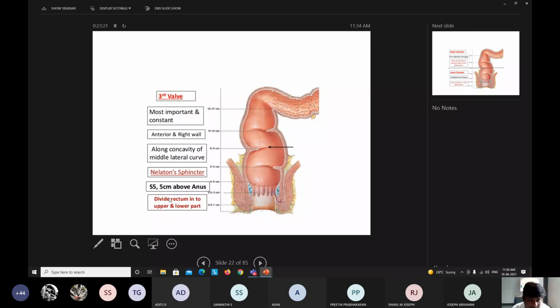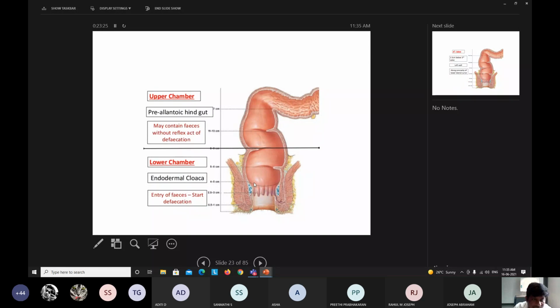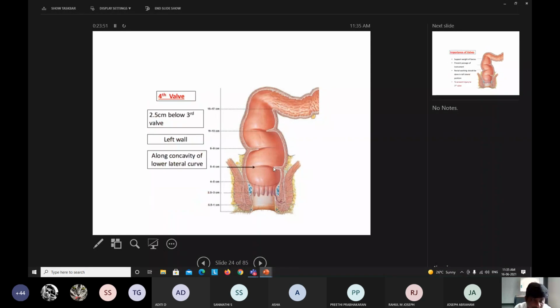This divides the rectum into upper and lower parts. This is the upper chamber and this is the lower chamber. The upper chamber developmentally develops from the hindgut and may contain feces without the reflex act of defecation. The lower chamber develops from the endodermal cloaca, helps in the entry of feces, and defecation starts from here only.